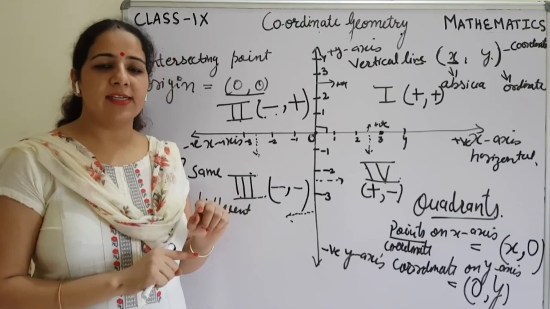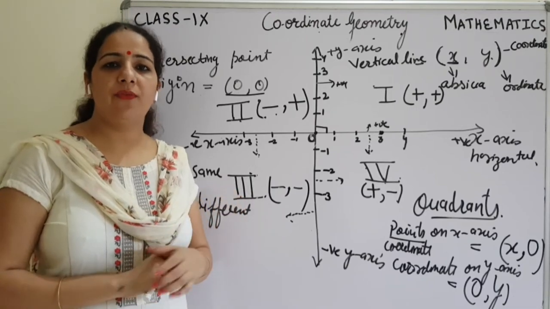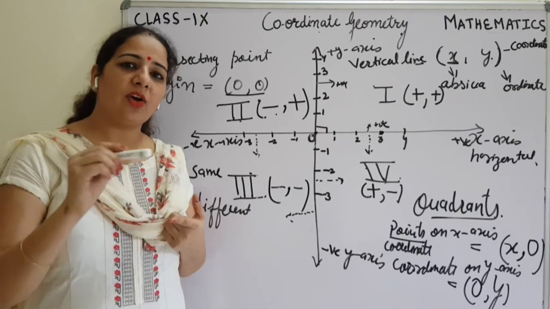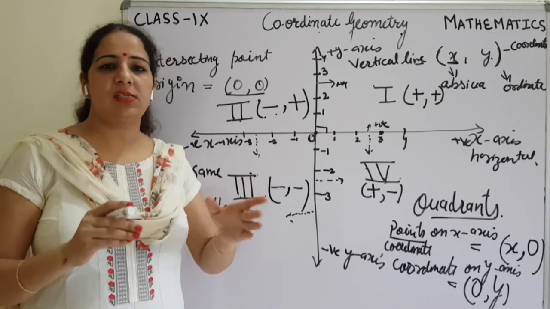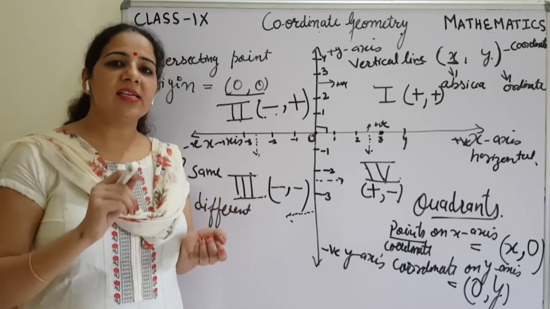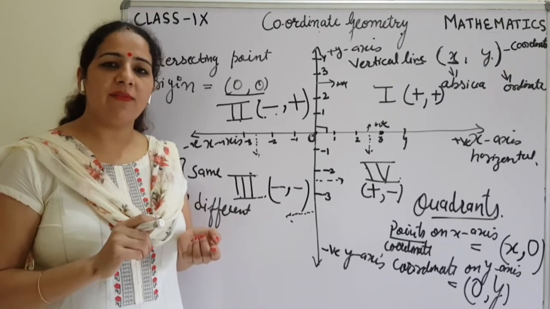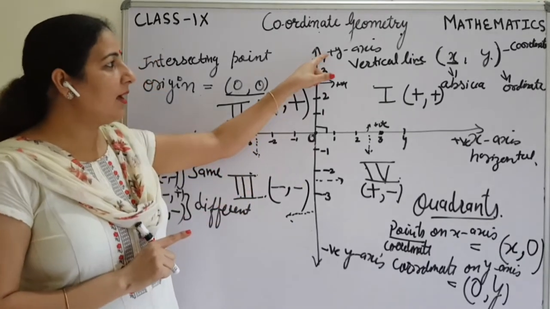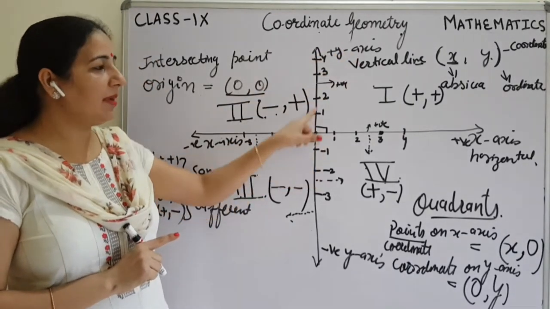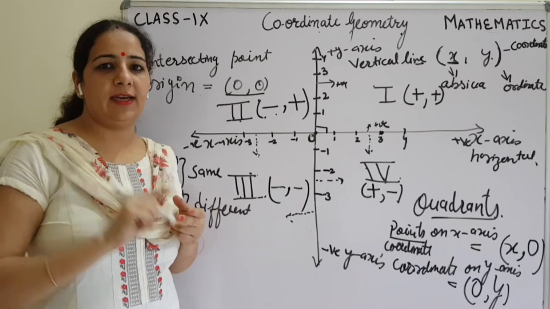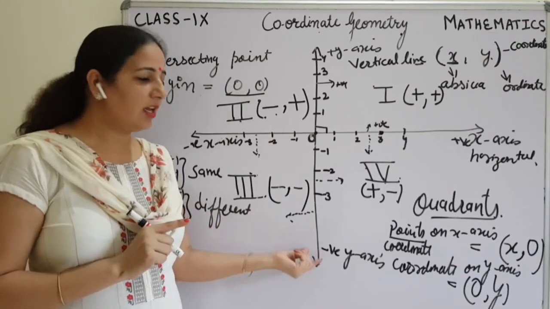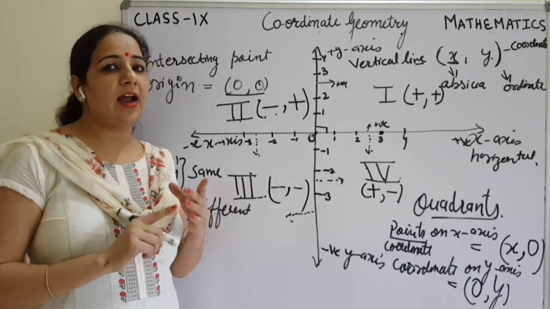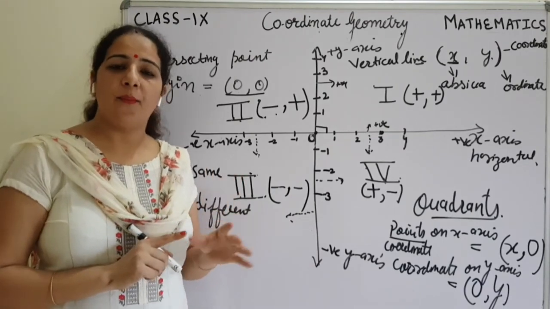Let me give one example. (3, 0) will lie on the positive x-axis. (-3, 0): y is 0, so it will not lie on the y-axis. It will lie on the negative x-axis. After that, the positive y-axis means (0, 3). Here x is 0. (0, -3) is the negative y-axis. So we can answer by using these 8 options.